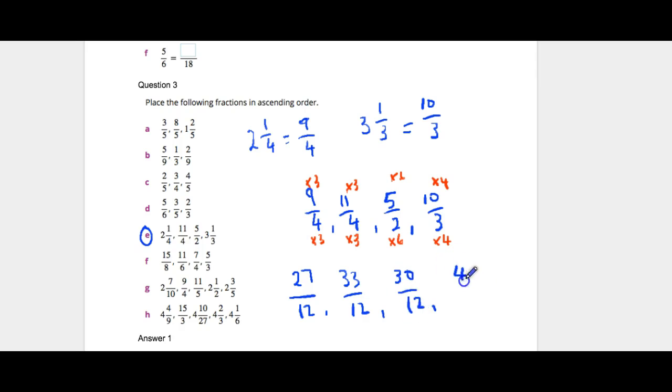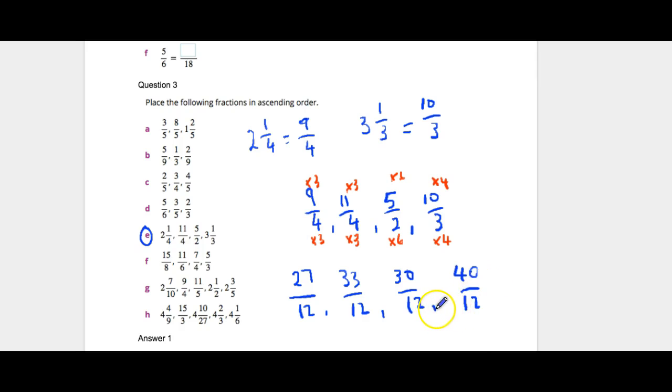And then 40 over 3. Oops, sorry, I knew I made a mistake. I was just looking at it, I was like, that is not right. And it's 12. Yeah, I was pausing because I was thinking, but you're probably thinking, what is she doing?